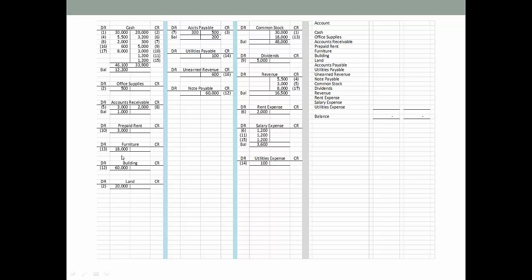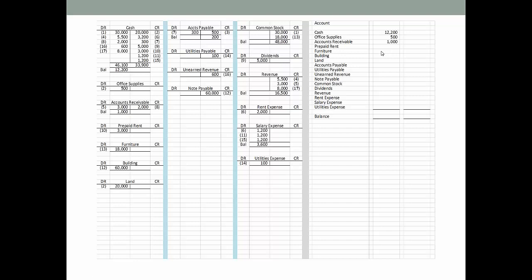So now let's look at these T accounts and prepare a trial balance. So this is just going to be a recap to see if you have the correct normal balances for these accounts and if all of your debits equal all of your credits. So cash, we're just going to put it in the spot whether it's a debit or a credit balance.